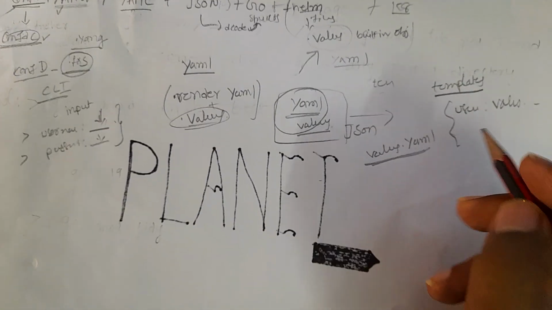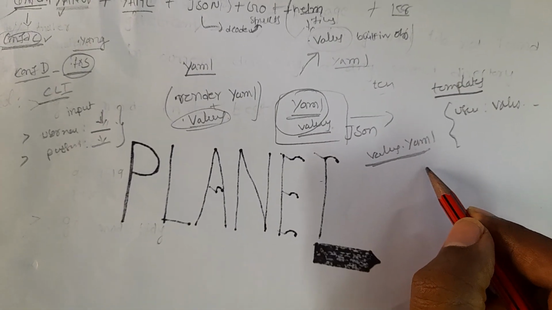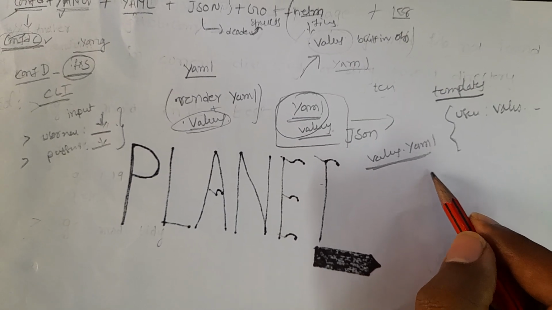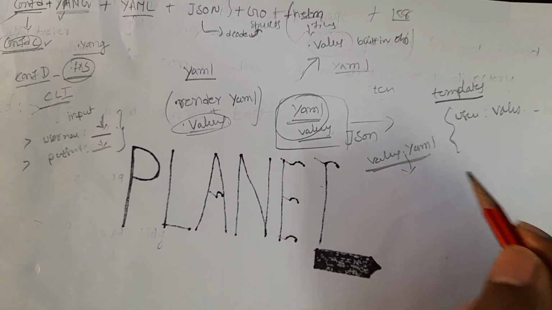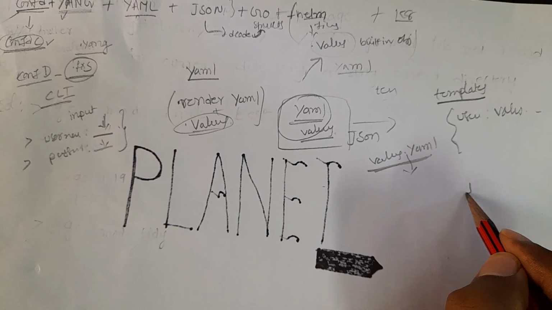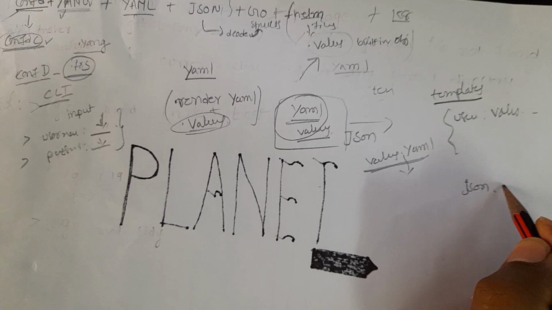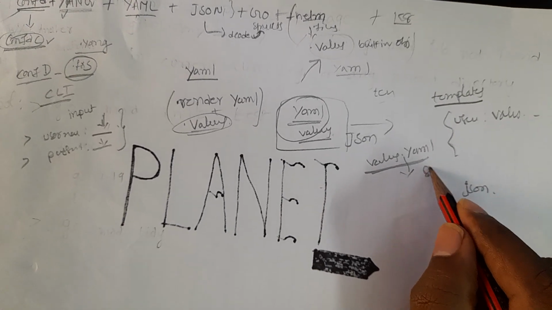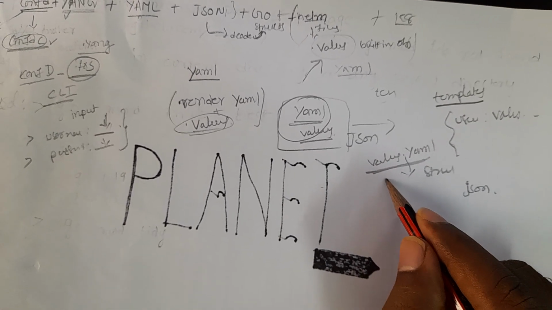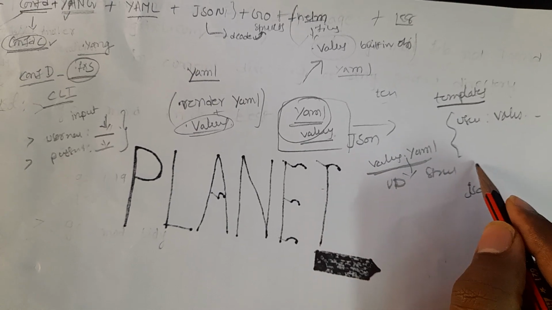That is one thing. And another thing is we decode the values.yaml. Whatever is available in the values.yaml, we can access via the JSON decoder. So using JSON we will map the Go struct. Suppose my user details is a struct.